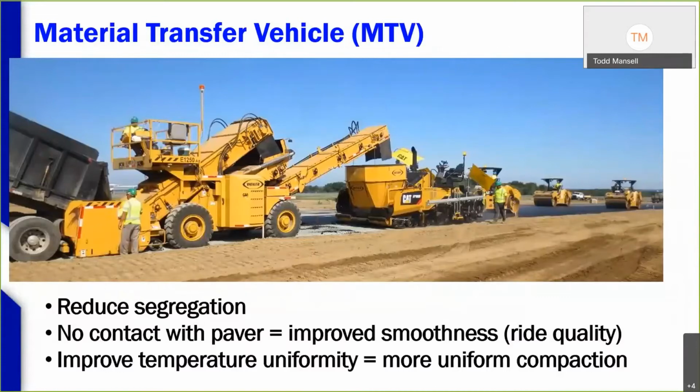The big things with the transfer vehicles, and in this picture, at least, this is a non-contact with the paver. So we're paving along, there's no contact with that paver, and it's continuous paving. So between truckloads in this picture again, truck is end dumping into the head on that transfer vehicle, and the transfer vehicle is moving that mix back into the paver hopper.